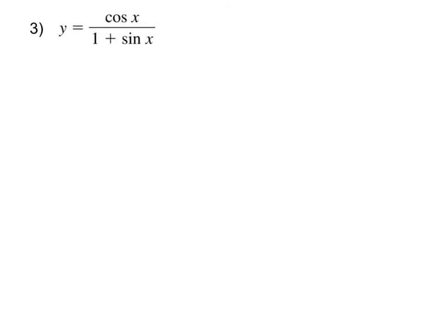So this one we've got the quotient rule, so low d high minus high d low over low low. So let's say that low we'll call cosine of x, we'll say is a, and 1 plus sine of x is b.